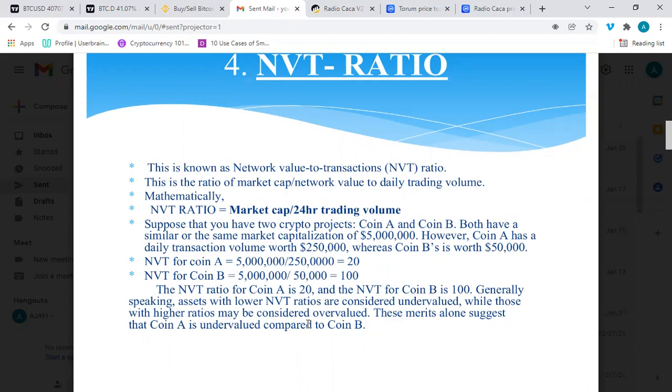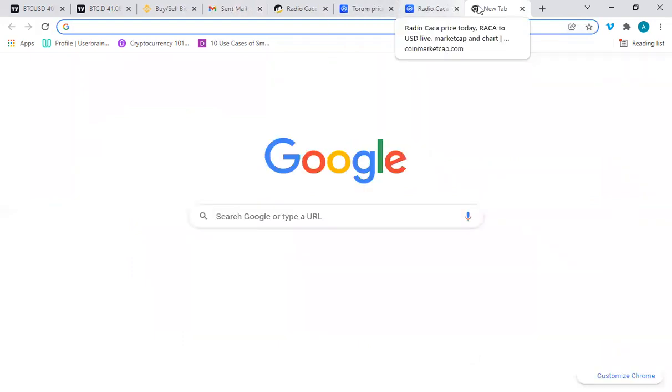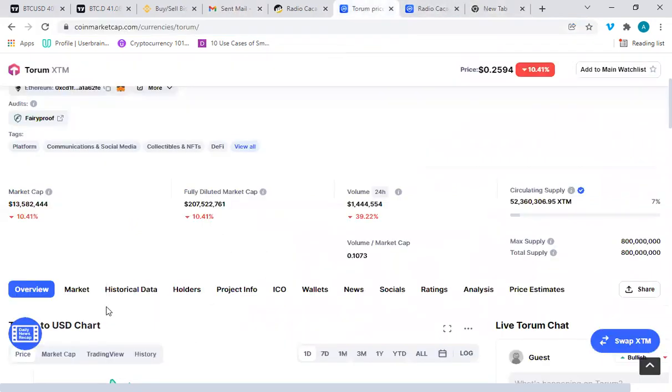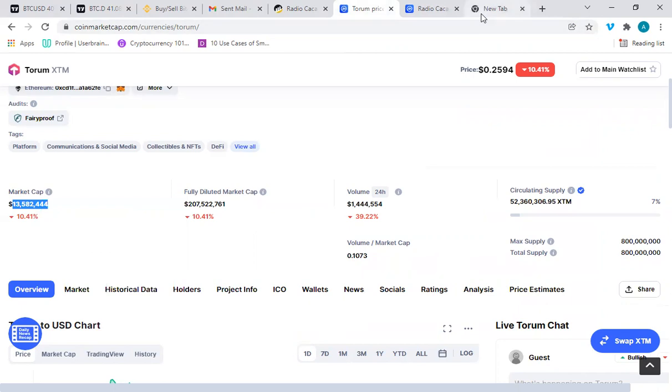Now, let's check the NVT ratio for these two coins. Let's check if they are undervalued or overvalued. Let me see if I can actually solve from here. I don't know if there's a calculator. I think there should be a calculator on here.